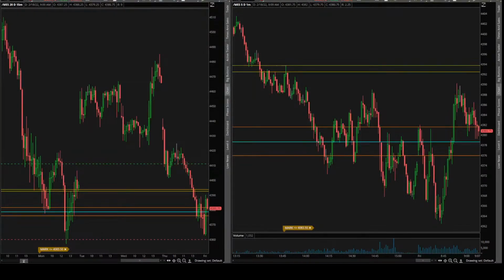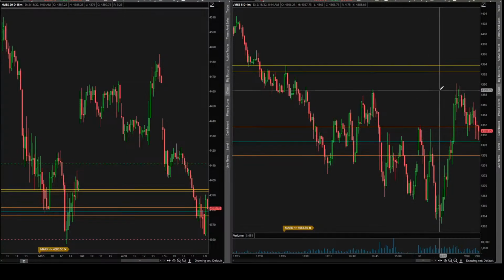All right, not looking great. 1, 2, 3, 4, 5, there we go. All right, we've got another 20 seconds left here on the 5-minute. Hopefully we can put in a little bit of a wick and then continue higher.